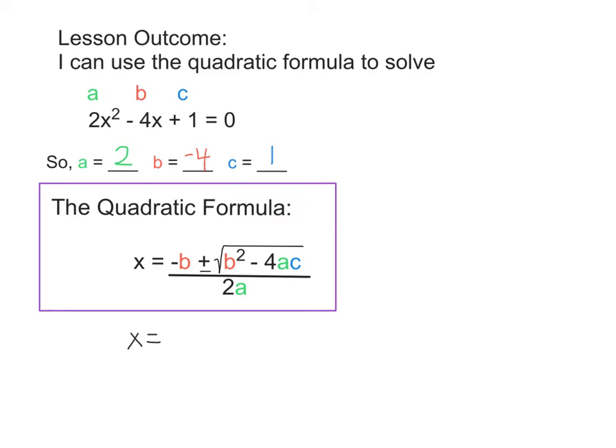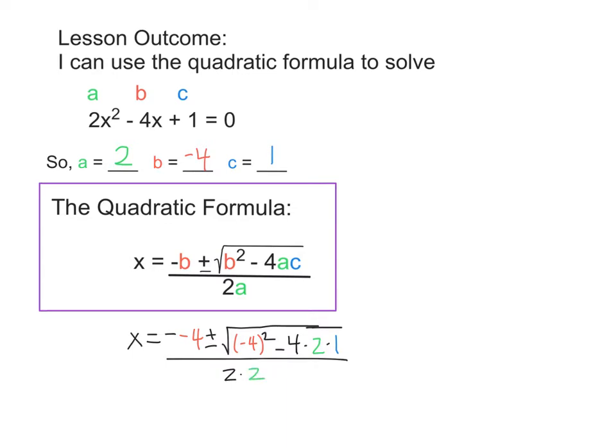x equals negative b, and b is negative 4, plus or minus the square root of b, which is negative 4, squared, minus 4 times a times c, with that square root over the whole thing, all divided by 2 times a.